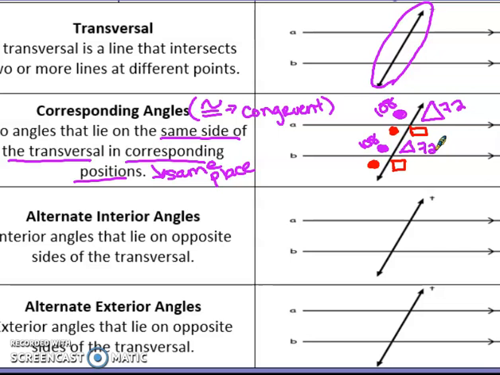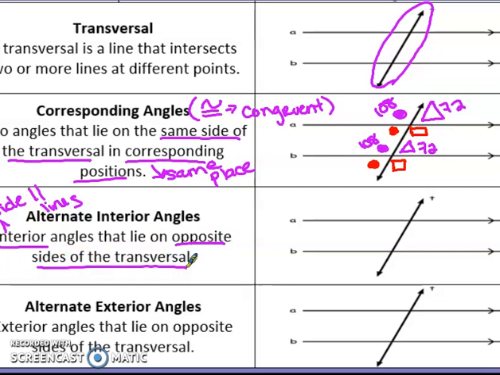Now, alternate interior angles. Think of what those words actually mean outside of geometry. Interior is going to be inside my parallel lines, and they are on opposite sides of the transversal. That's the alternate part.